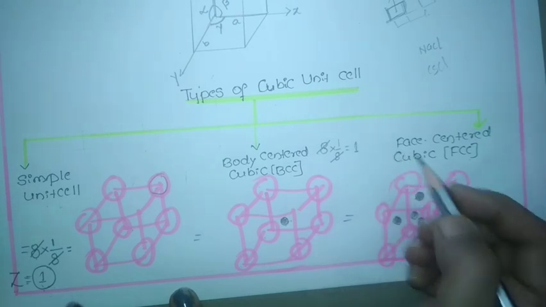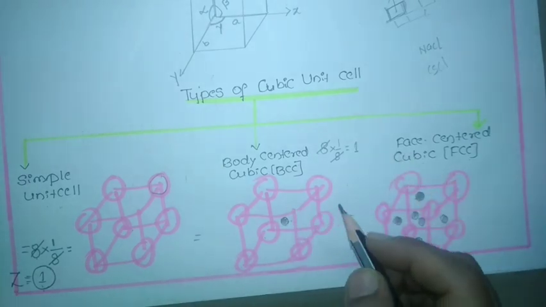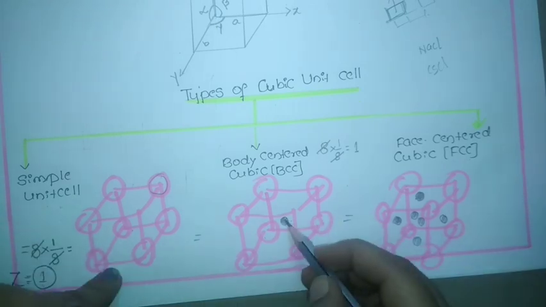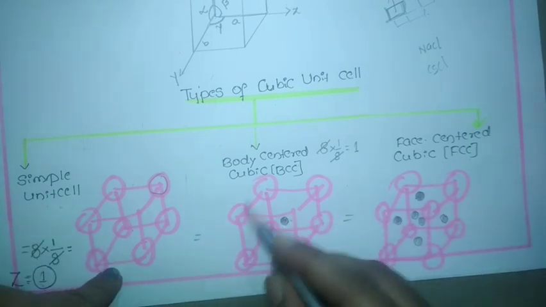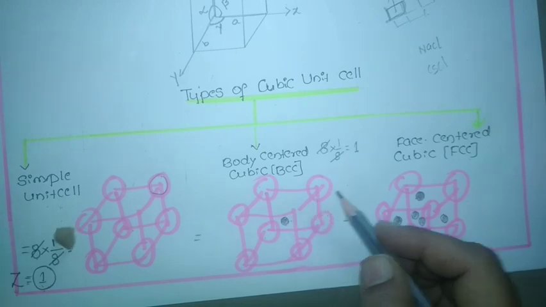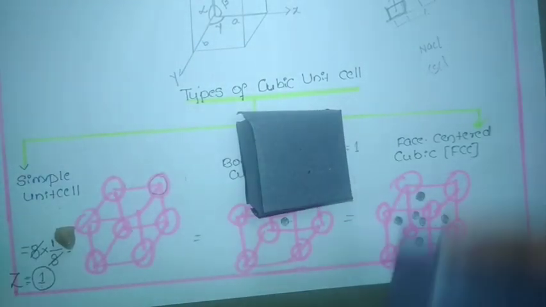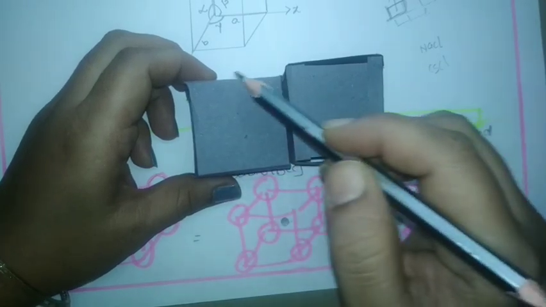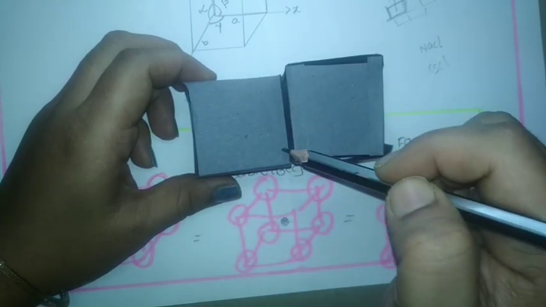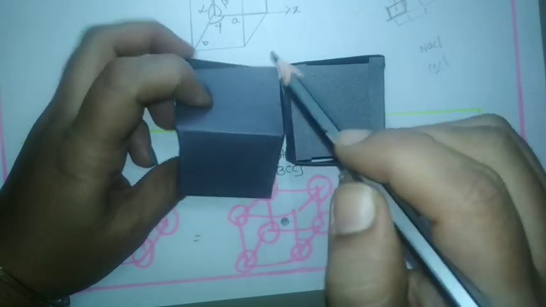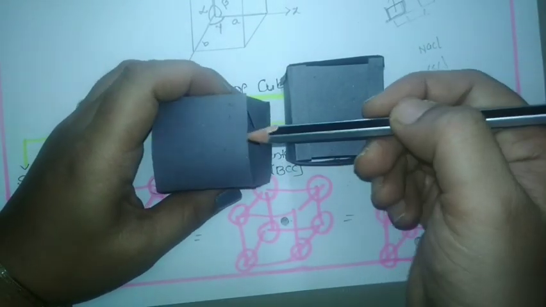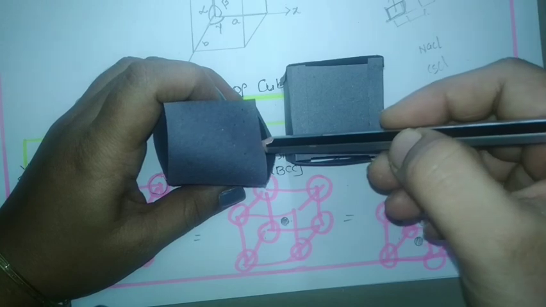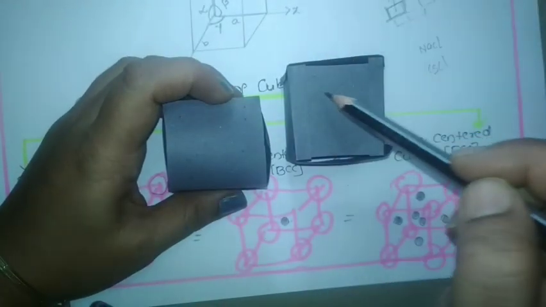But there is one atom at the center of the body, which is not shared with any other unit cell. For example, if I keep the unit cell like this, there are atoms at the 8 corners, and at the center of the body inside, I have one atom that is not shared with any other unit cell.